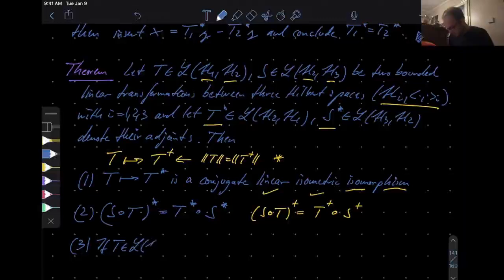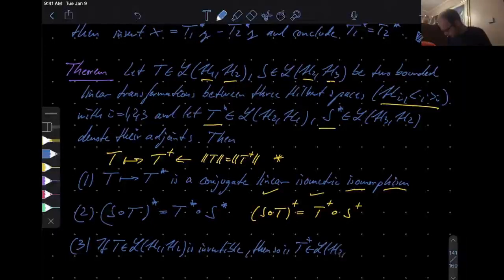Now the third property: if T is invertible, then so is the adjoint, and there's the formula: the adjoint of the inverse is the inverse of the adjoint, right?